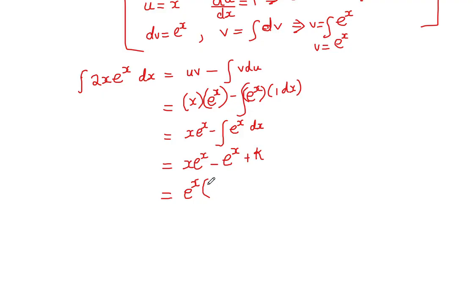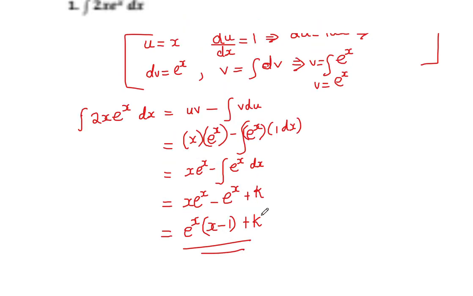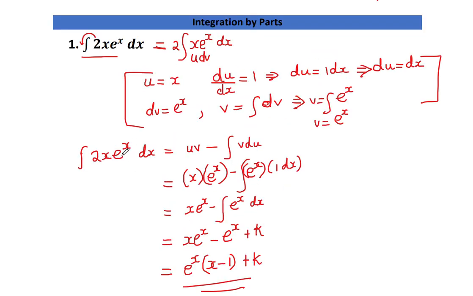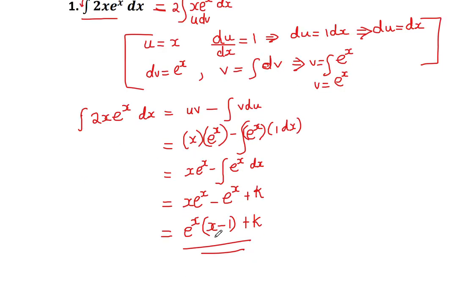So when I factor out e to the x here, e to the x divided into x e to the x will leave us with x, and e to the x divided into negative e to the x is going to give us negative 1 plus the constant of integration, which is k, and that is our final answer. So the integral of 2x e to the x with respect to x would be e to the x times x minus 1 plus the constant of integration, which is k.